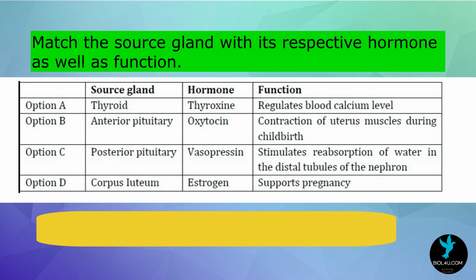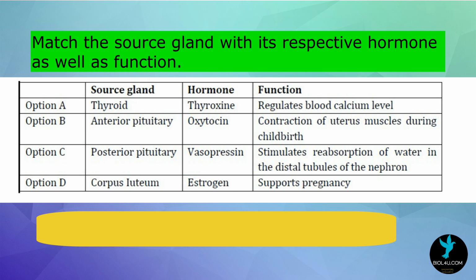Question number 4. Match the source gland with its respective hormone as well as function. Option A. Gland, thyroid. Hormone, thyroxine, regulates blood calcium level. Option B. Gland, anterior pituitary. Hormone, oxytocin, contraction of uterus muscles during childbirth. Option C. Gland, posterior pituitary.